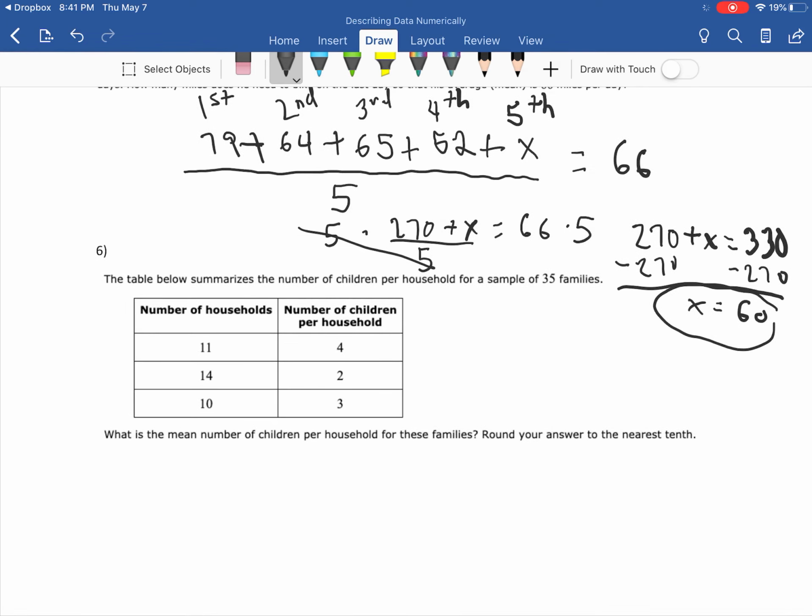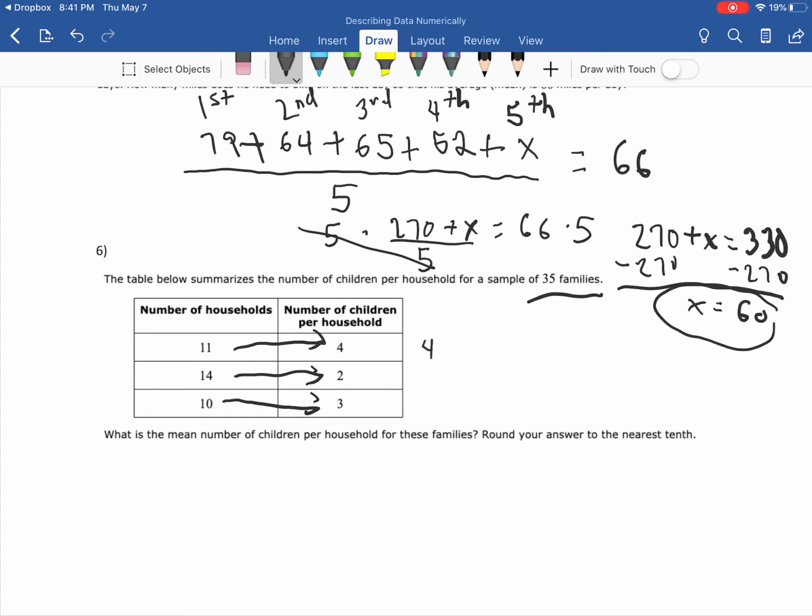All right, last question. We have this table that summarizes the number of children per household for a sample of 35 families. So we have 11 households with 4 children, 14 households with 2 children, and then we have 10 households with 3 children. What is the mean number of children per household for these families? Round to the nearest tenth.